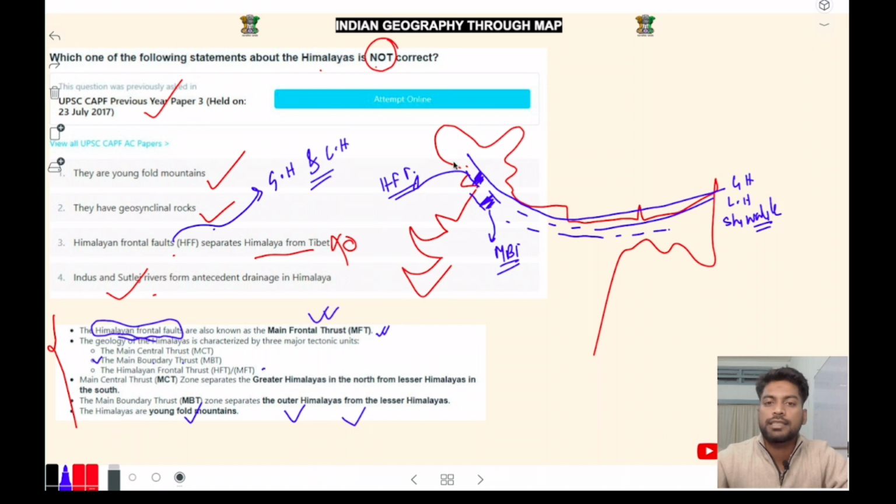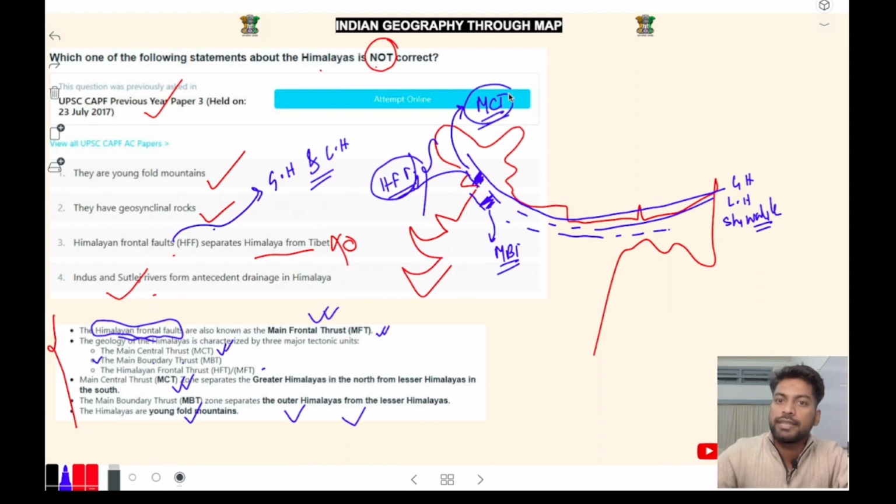Okay, I just explained a little. Himalayan frontal faults, all of them we call Himalayan frontal faults combined, but this one is your MCT, Main Central Thrust, which divides Greater Himalaya and Lesser Himalaya, and MBT, Main Boundary Thrust, divides Outer Himalaya and Lesser Himalaya.